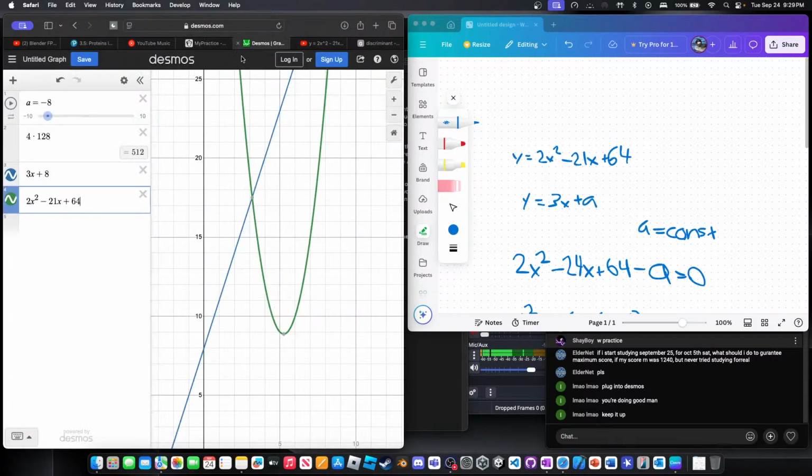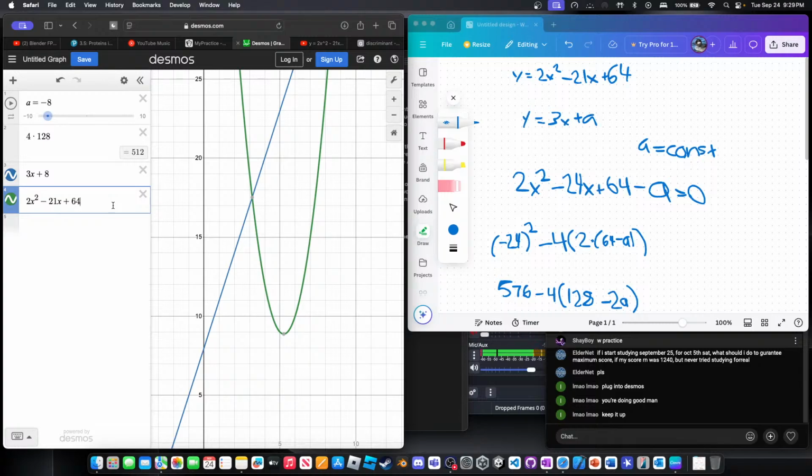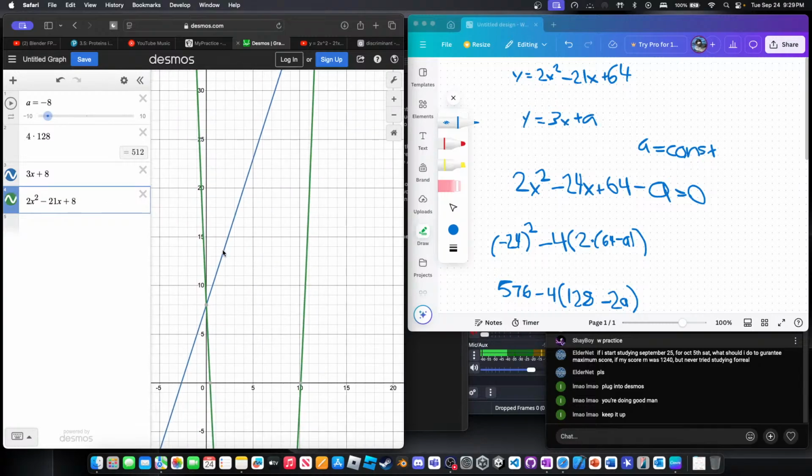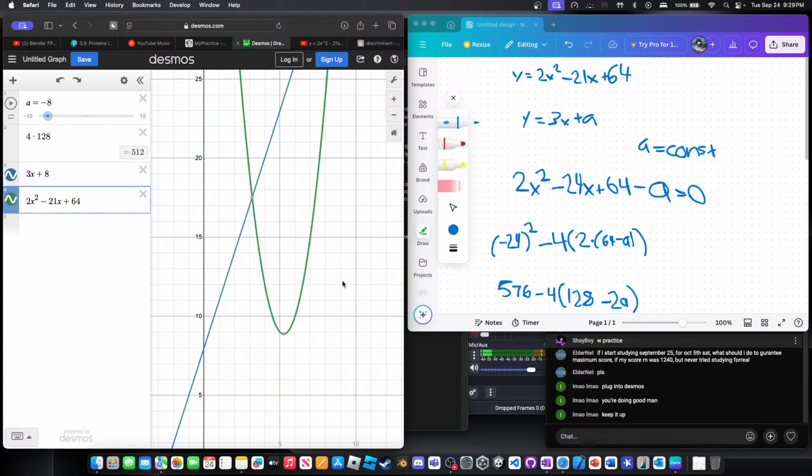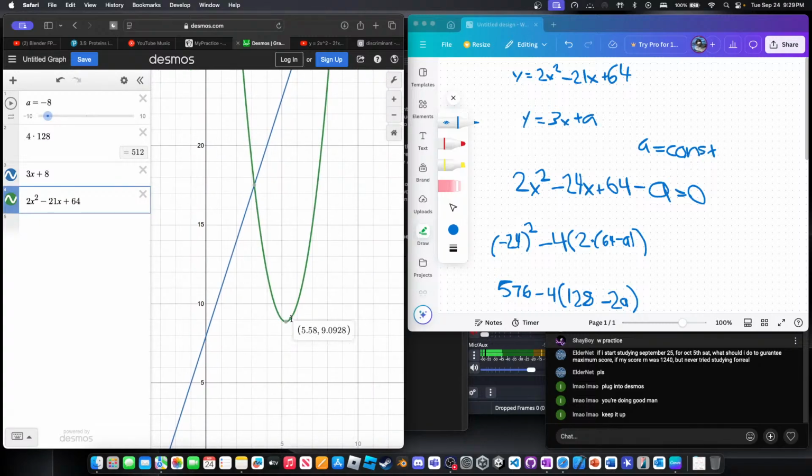Oh, wait. What's 8, by the way? Oh, wait, no, wait. What in the world, guys? That's not right. 3x plus 8. Does it make a difference if we do y is equal to?